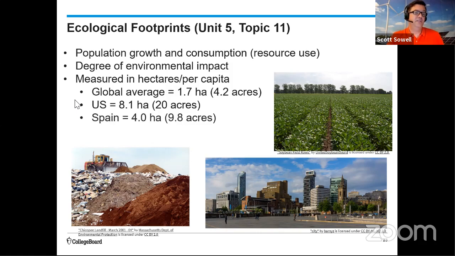Compare that to Spain, which is about half of that. And then we look back again at Haiti, and the average individual in Haiti has 0.7 hectares or 1.7 acres. So again, some wide variation. And you could start thinking of reasons for that in terms of economic development standing, or the location and the demographic transition where they are, and then population.